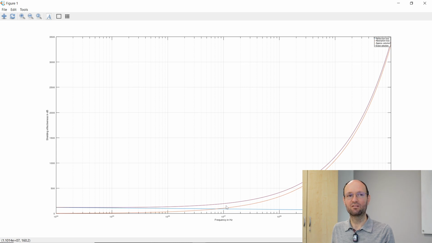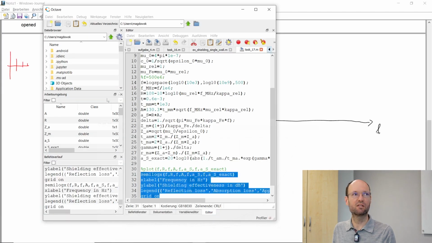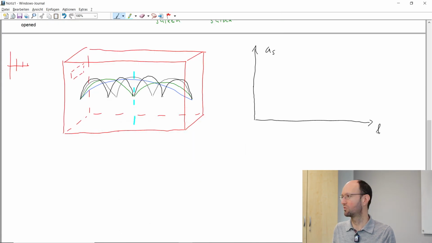So that wavelength is getting small enough so that fields can go through some apertures and so on in our shielding enclosure. So for low frequencies, okay, we have not so good shielding efficiency, but then shielding efficiency increases and we might reach some kind of maximum, but then we get this aperture coupling and shielding efficiency goes down once again, yeah, or reaches some plateau. Maybe goes down once again because we have more coupling through apertures.